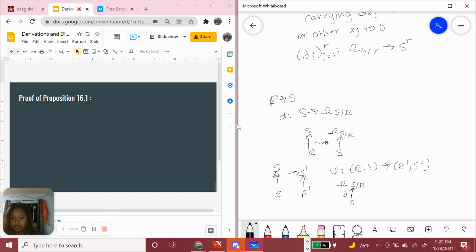Have S with the derivation over here to Omega S prime over R prime, and then again, the same derivation map that we have there.